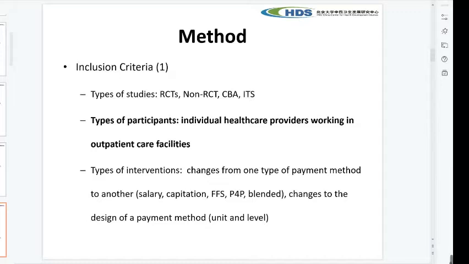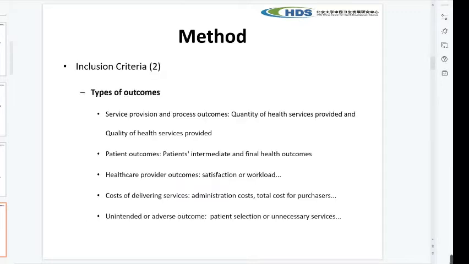We didn't include them. The second special part is that we categorized the outcomes into five categories, which are the outcomes related to service delivery, the outcomes related to patient outcomes, and the outcomes related to the healthcare provider side, because the payment involved a change of the income level, and the health providers need to change their workload based on the payment method.